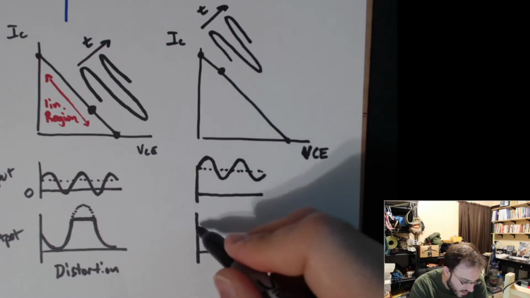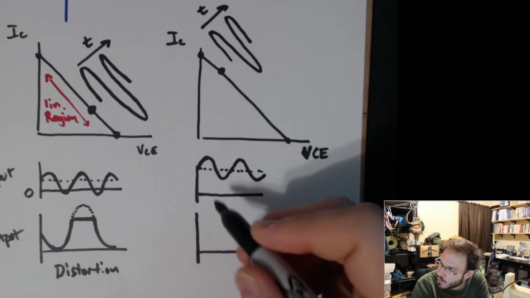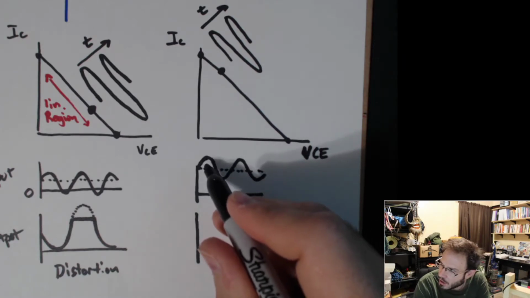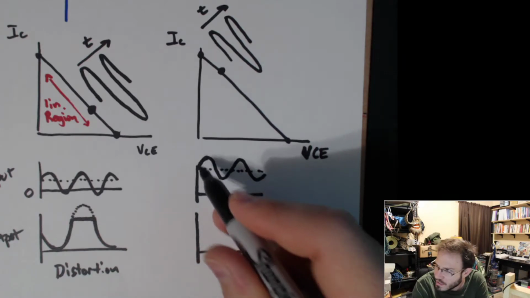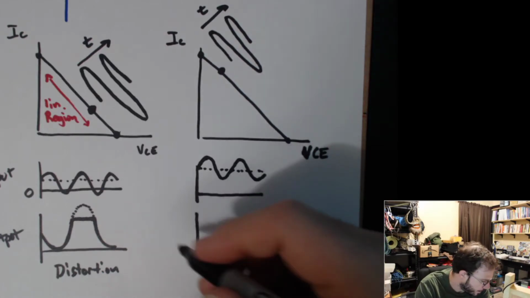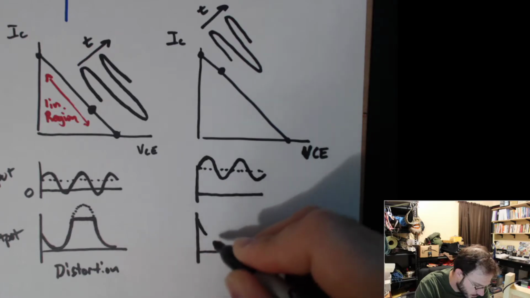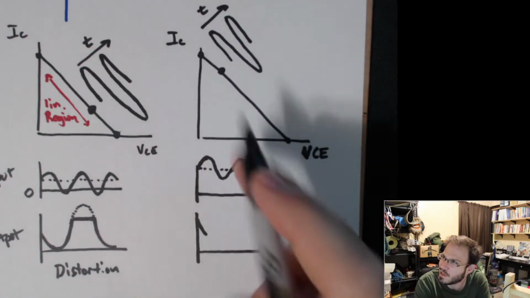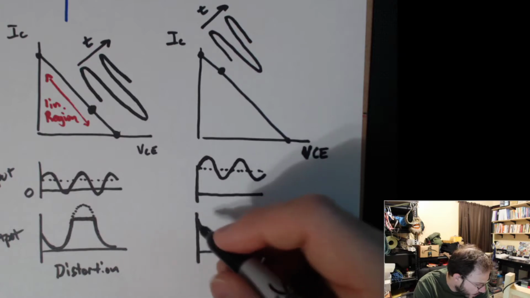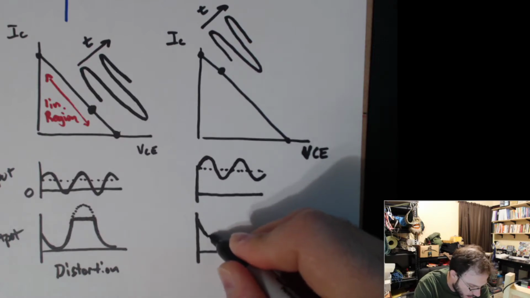When VCE goes down in response to our collector current going up because our applied voltage is increasing, then we will have hit saturation, and again we flatline over here.